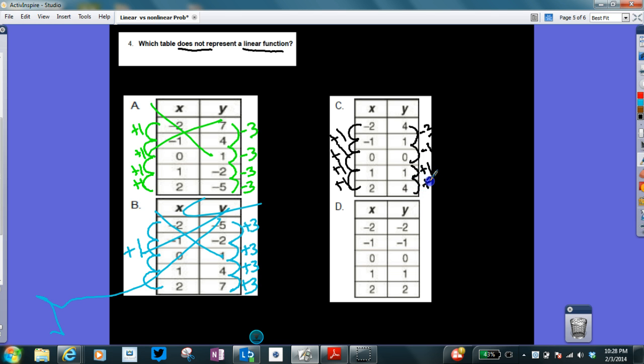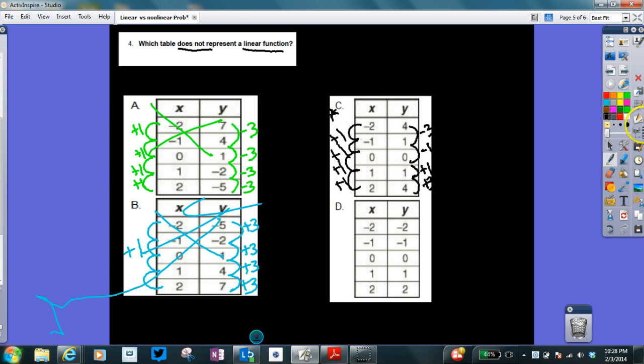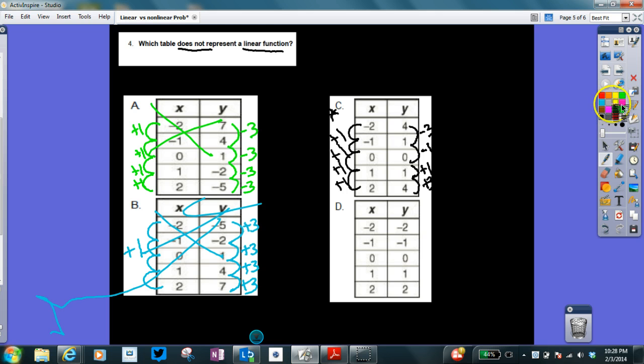And 1 to 4, plus 3. Now there's something kind of different about this one from all these, both of them that we did before. My domain, the rate of change is constant, but my range, it is not. So let's put a little bit of a star there. We'll come back to that one because that could be our winner there.